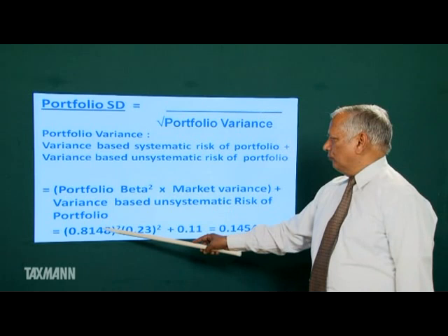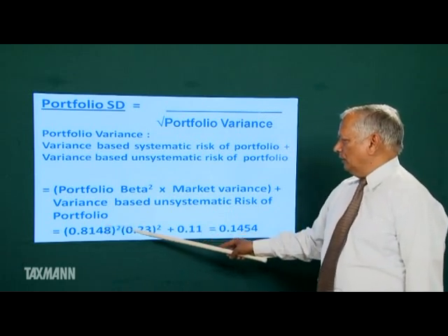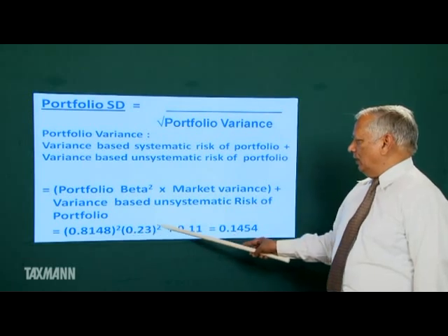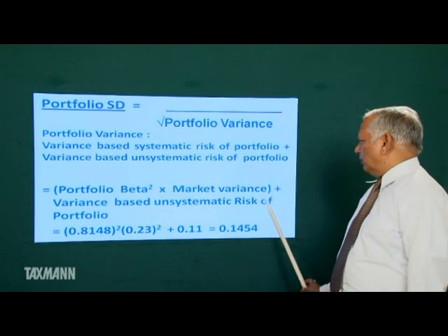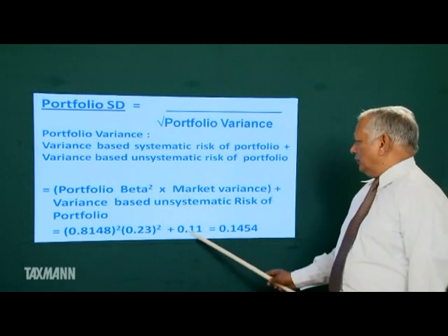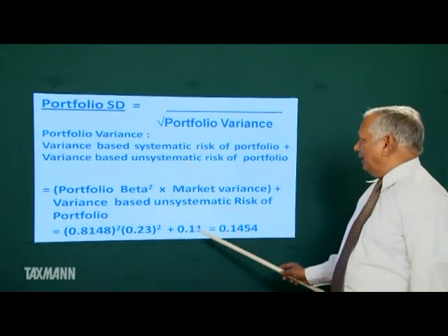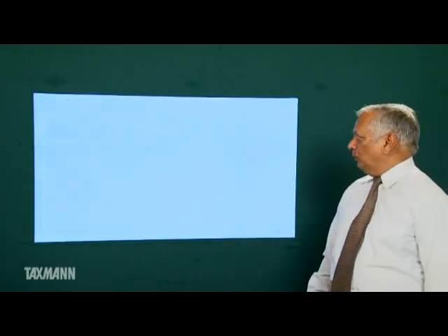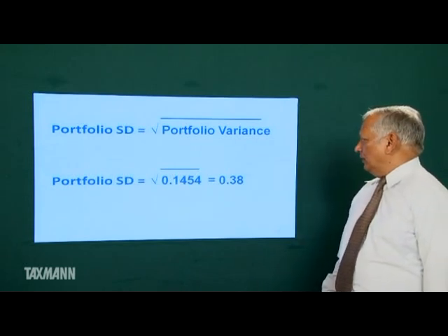This is portfolio beta, so this is portfolio beta square. This is market standard deviation square, and variance based unsystematic risk of portfolio we calculated as 0.11. So this is portfolio variance. So portfolio standard deviation will be 0.38.